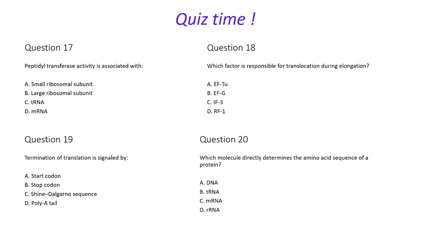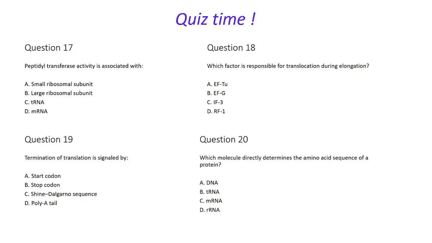Then is the EFG. EFG is the elongation factor G, which catalyzes the translocation step where the ribosome moves along the mRNA by one codon and subsequently acts in the ribosome recycling to disassemble the post-termination complex.